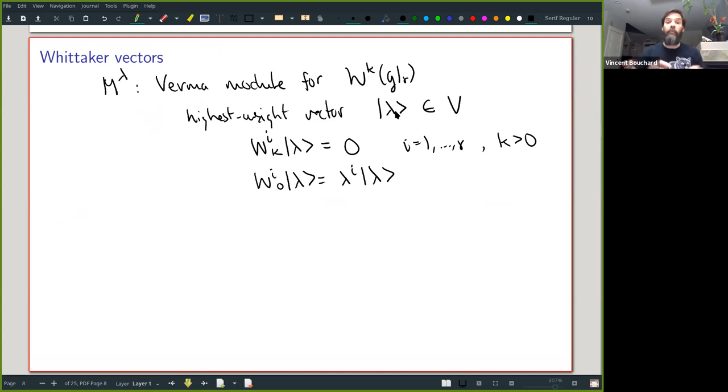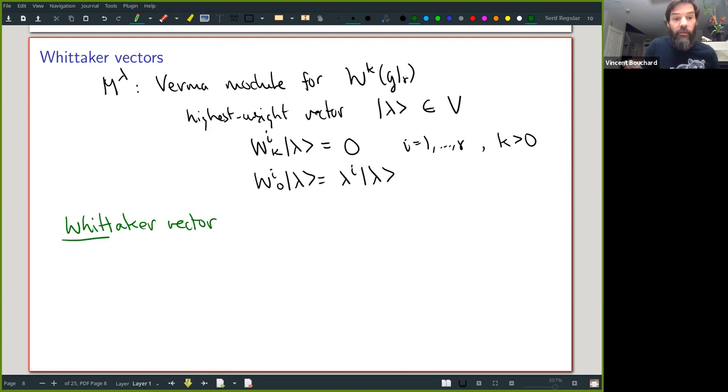So you act with all kinds of products of negative modes of the strong generators on lambda, and that generates the Verma module for your vertex algebra. It's a crash course on vertex algebra from someone who is far from being an expert on vertex algebra.